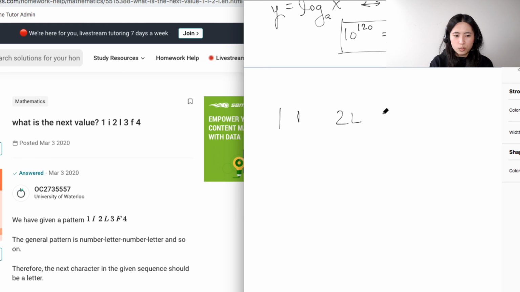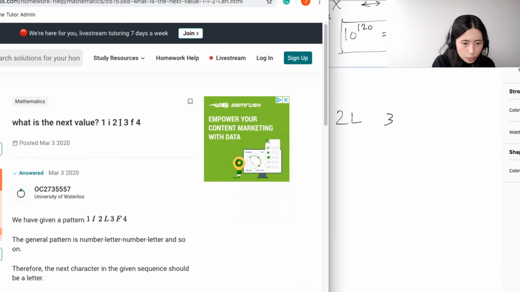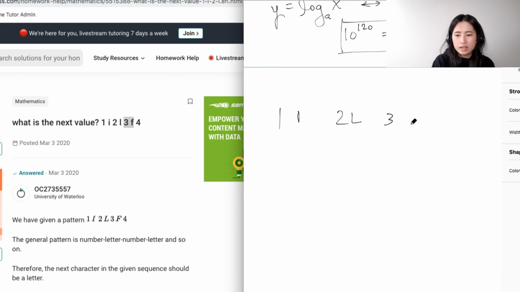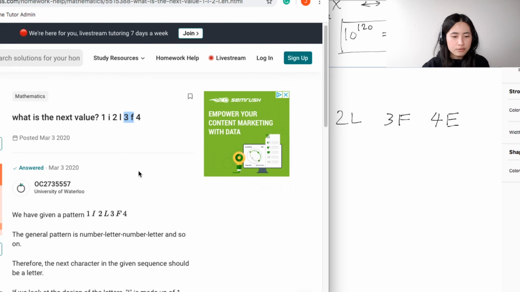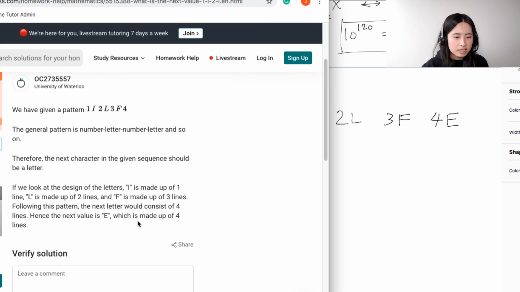And then for the third one, you have F. So 2L, and then you have 3F, yeah. So the third one is F, so 1, 2, 3, right? That's 3 strokes. And then for the fourth one, you've probably guessed it, it would be E because it's 1, 2, 3, 4. 4 strokes. So the next letter after 4 should be E. Yeah, so they're just looking at the design.